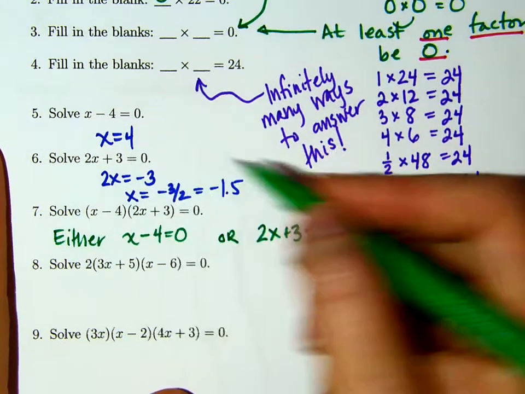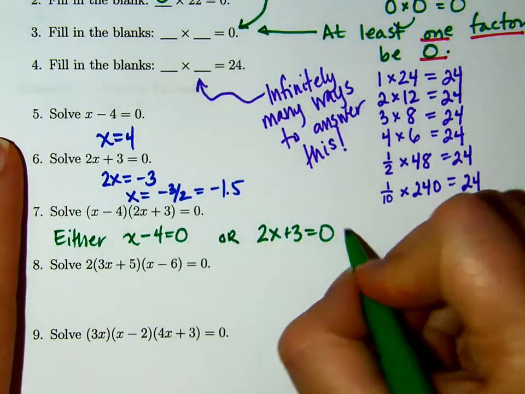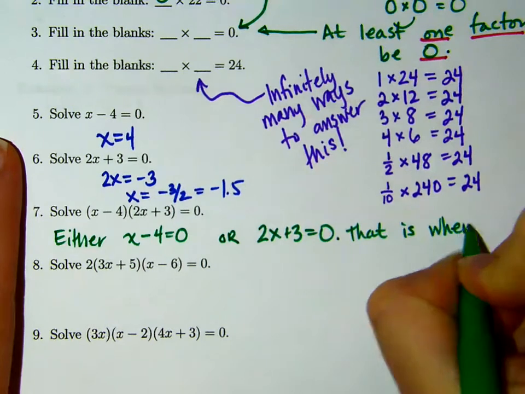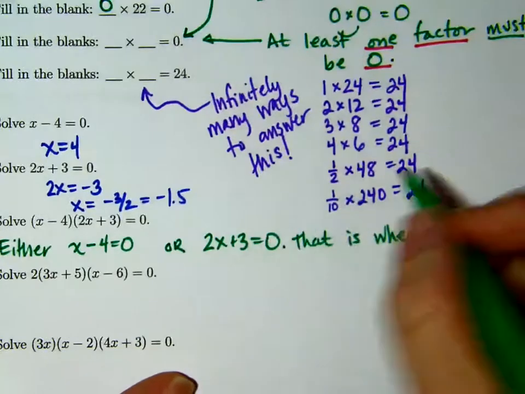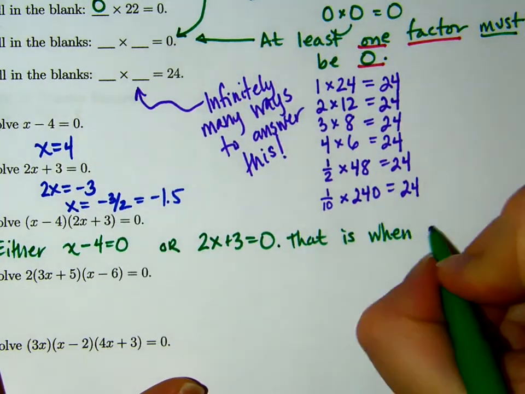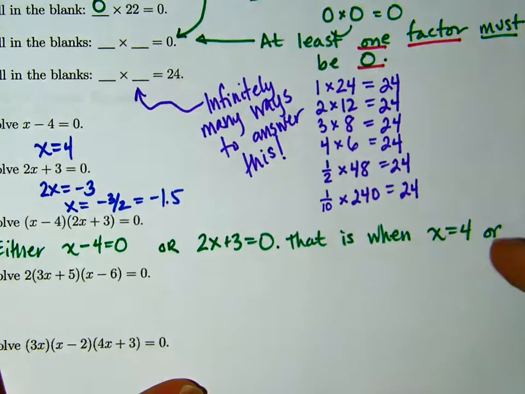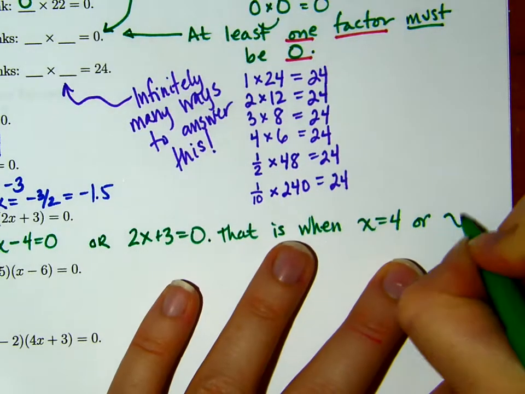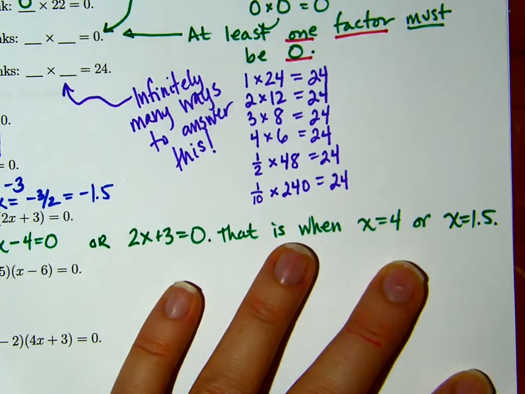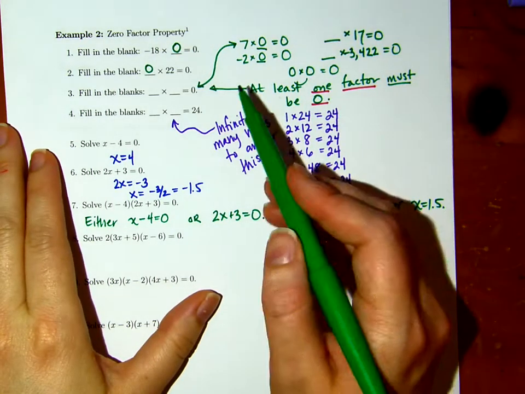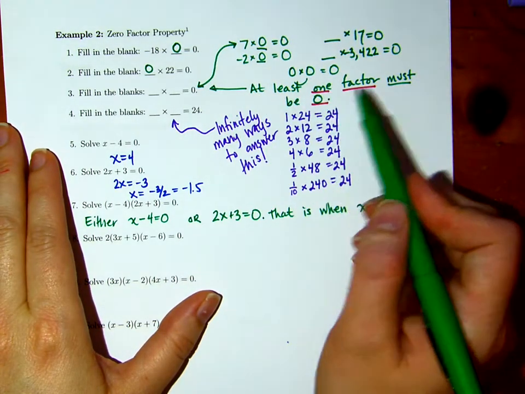Okay, so that happens when x equals 4 or x equals 1.5. So what we saw up here in number 3 is at least one factor must be 0.